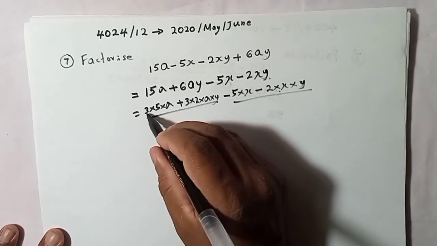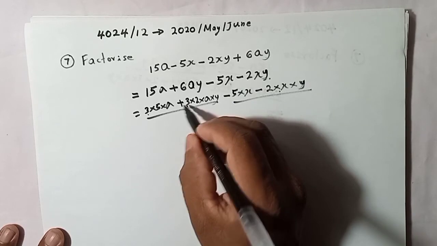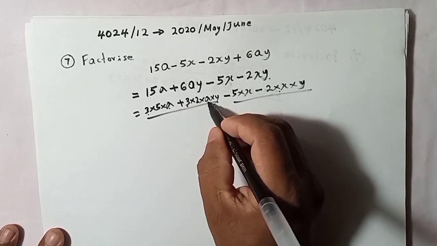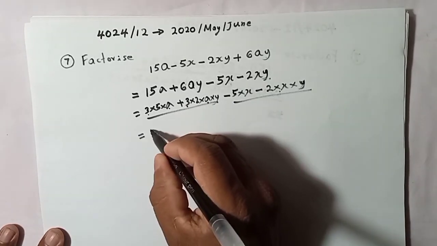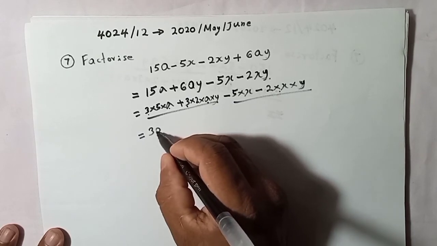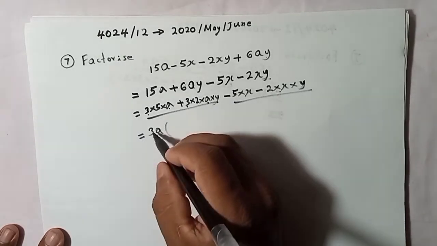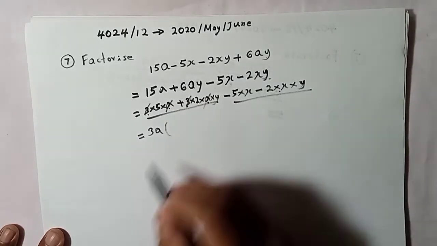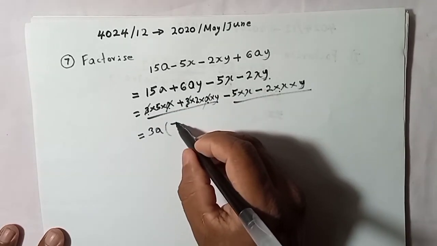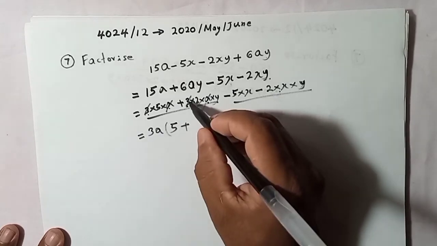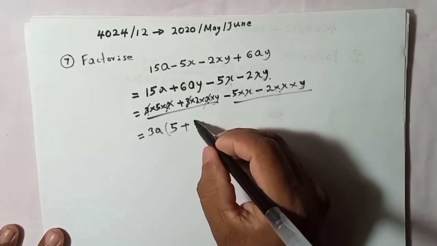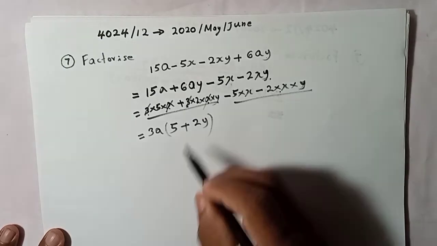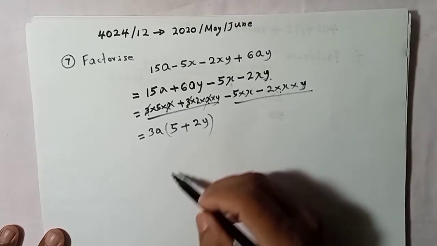Here what is common? You can see 3 here, a here, so get those two to outside, 3a, right? Get 3a to outside, so I will cut that 3a. So what is the remainder here? The remainder is 5, and here after you take 3a, it will be 2y, so plus 2y.